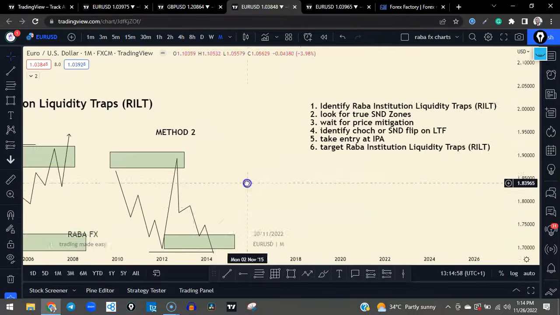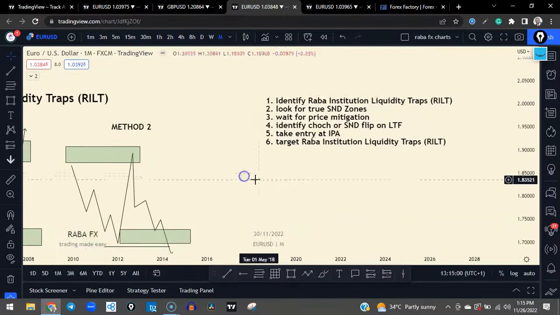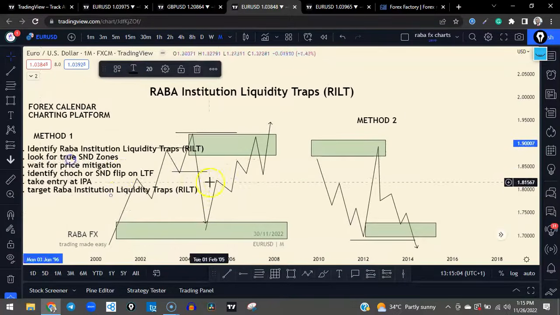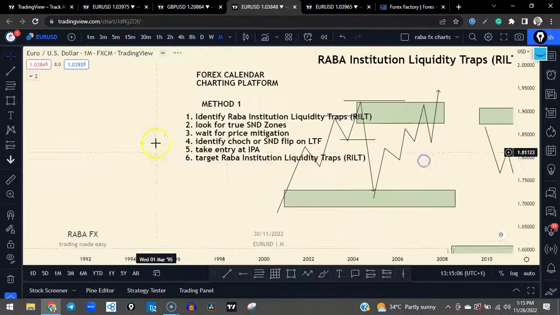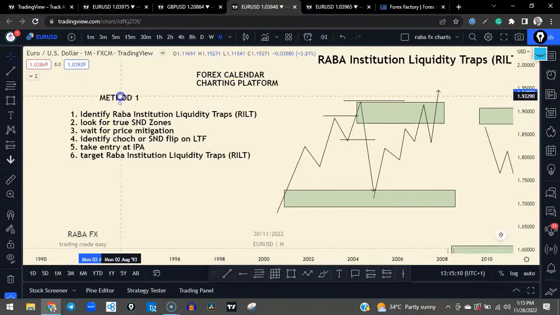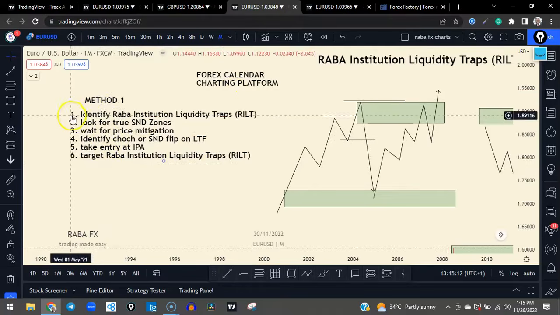Now, before you can execute method 1, these are the few things you need to know. Number 1, you identify the Raba institutional liquidity trap, RILT.